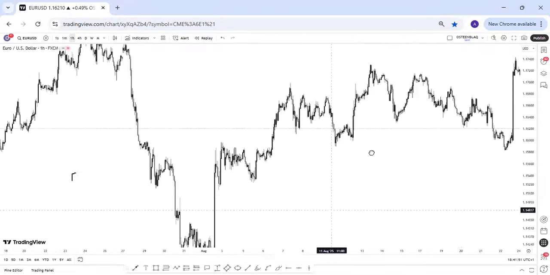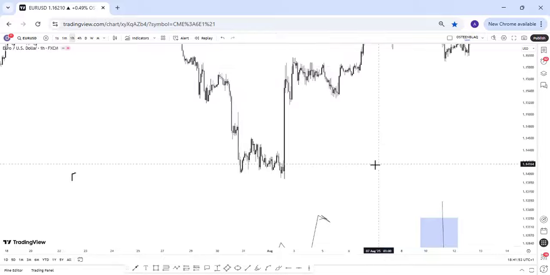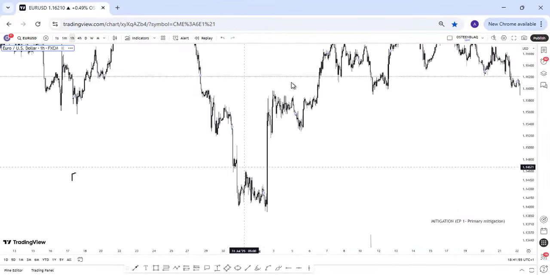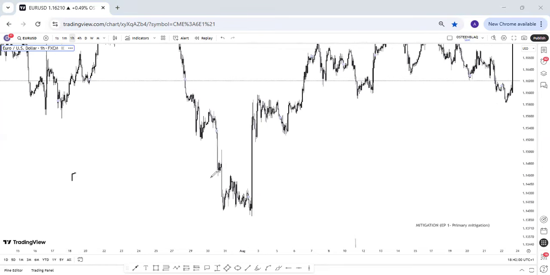Now, looking at this from this particular aspect, what can we see here? We can see that we have a high, a low, a lower high, and a lower low, and price broke above it and came here.